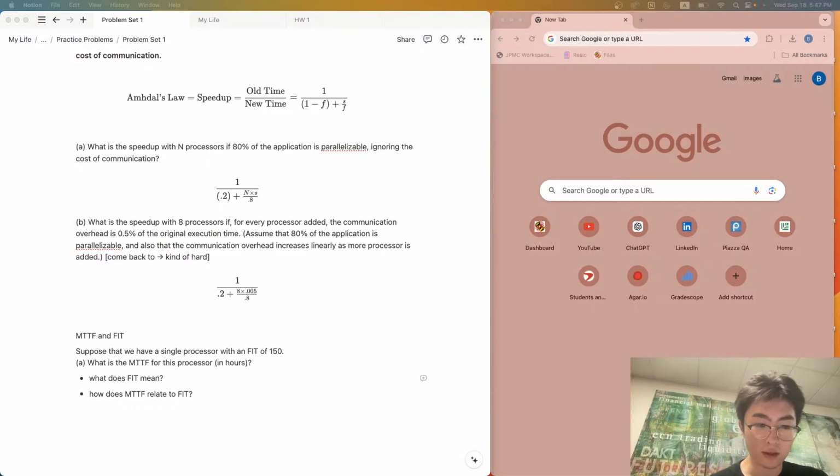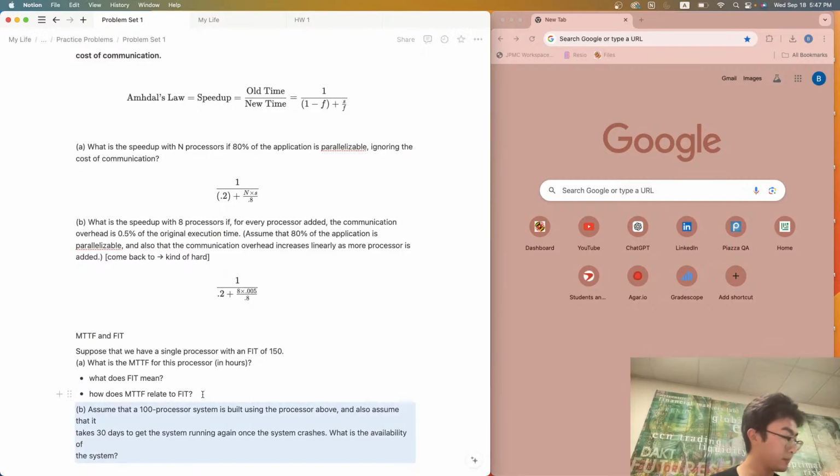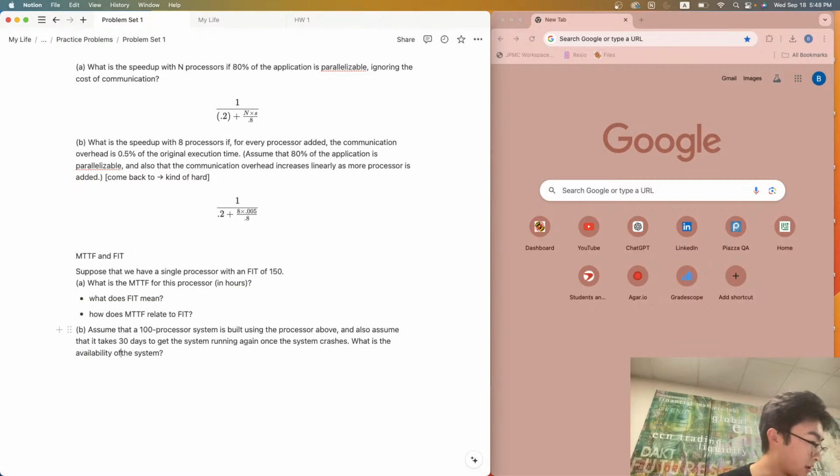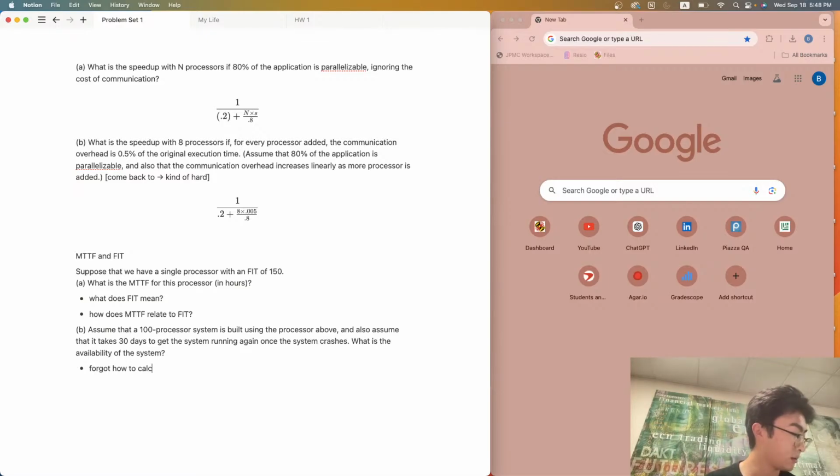Okay, so assume that a 100 processor system is built using the processor above. It takes 30 days to get this system. Oh shoot, I forgot how to calculate availability too. Availability.